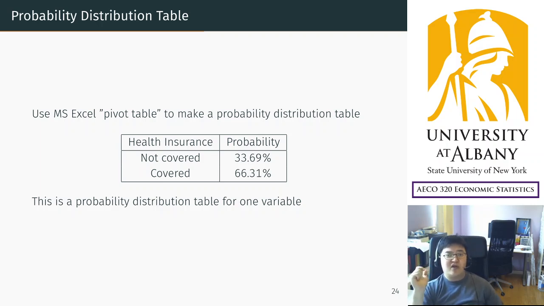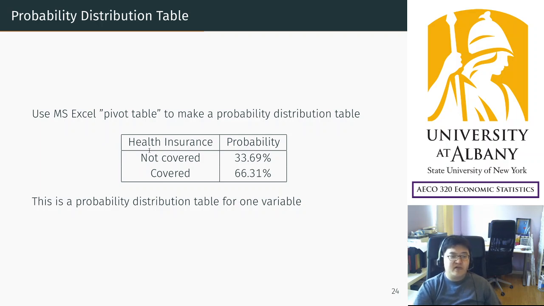Maybe later when you get a job, your employer will ask you to do something like data cleaning, basic data work. Summarizing the data into a probability distribution table is like the bare minimum of Excel data work.